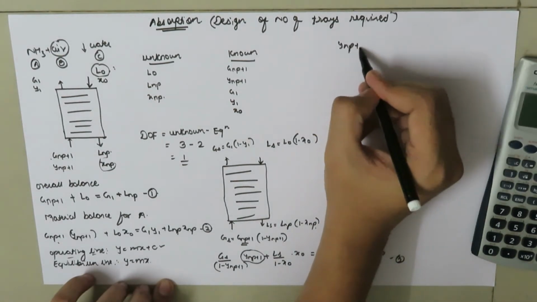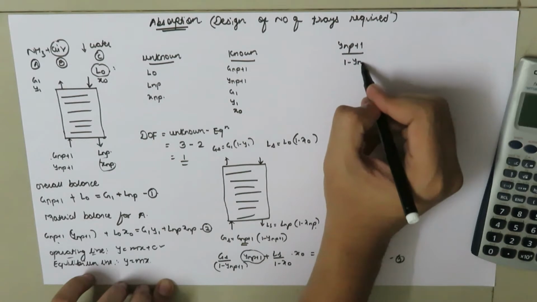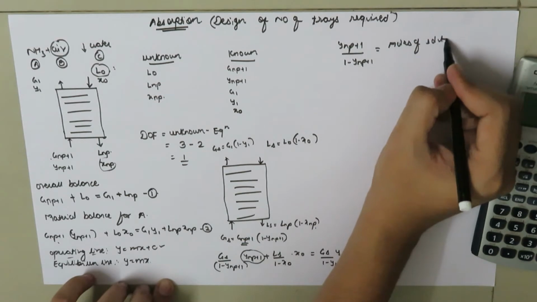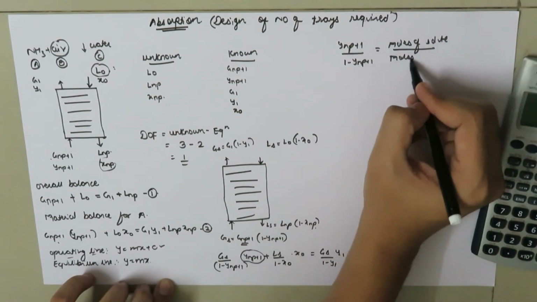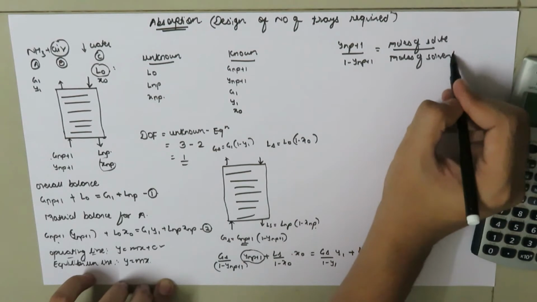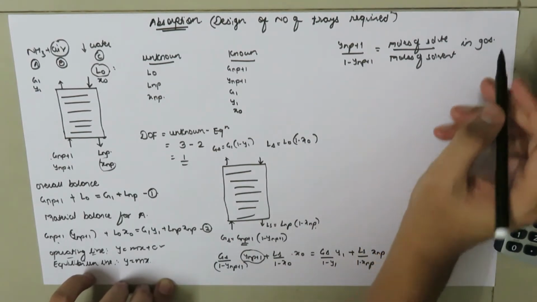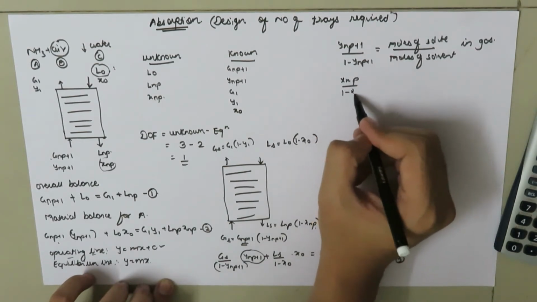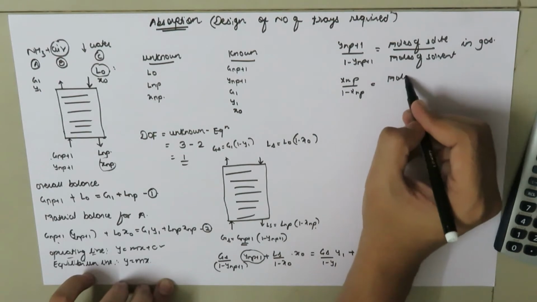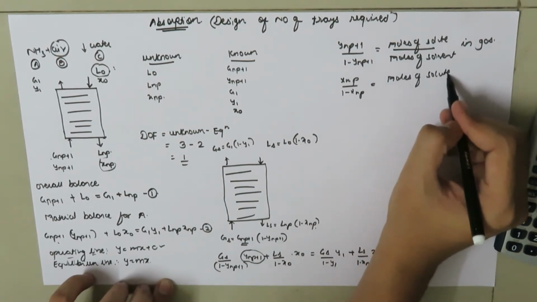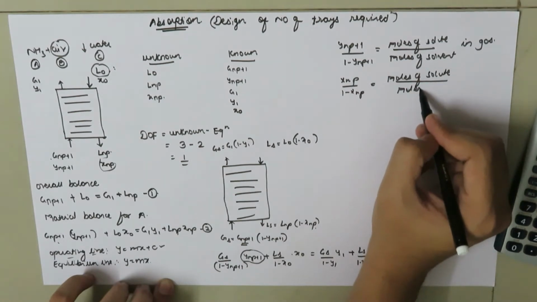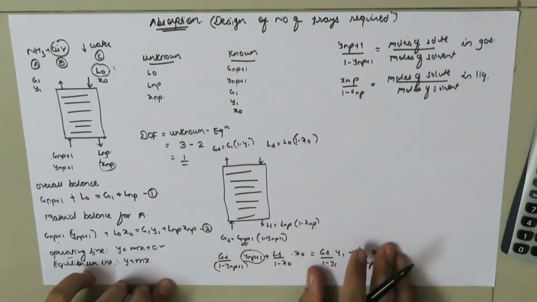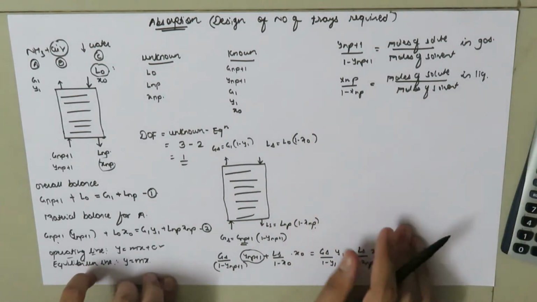Y_{Np+1} upon 1 minus Y_{Np+1} is equal to moles of solute divided by moles of solvent in gas, and X_{Np} upon 1 minus X_{Np} is equal to moles of solute upon moles of solvent in liquid. And now we are going to denote these terms by capital letters.